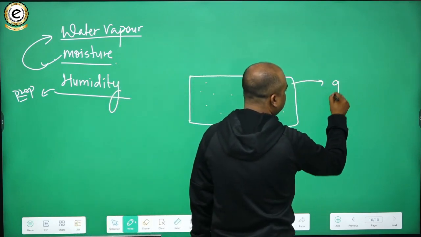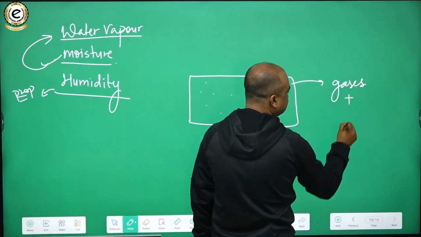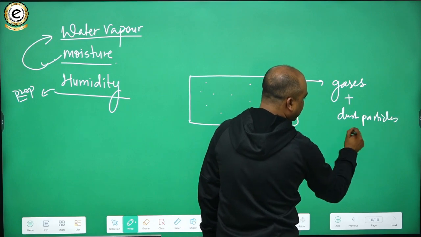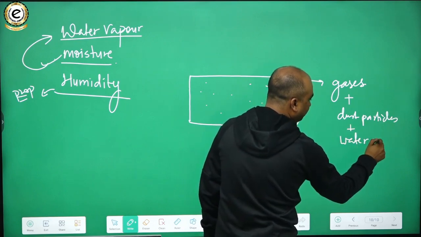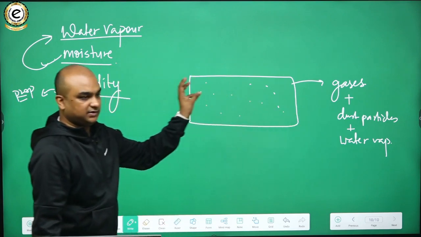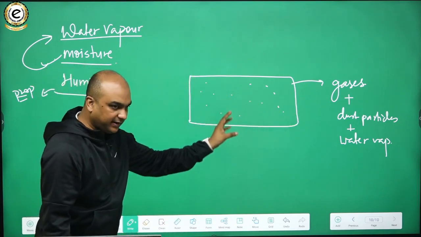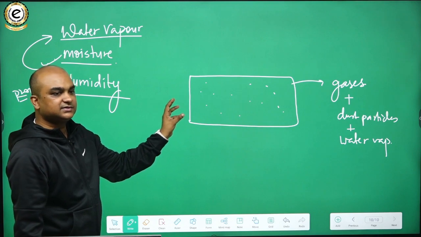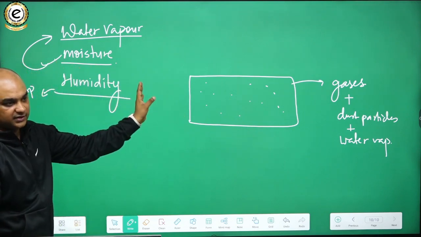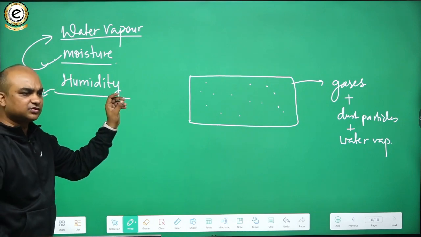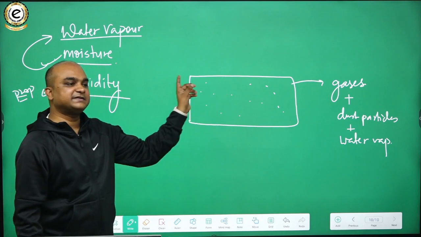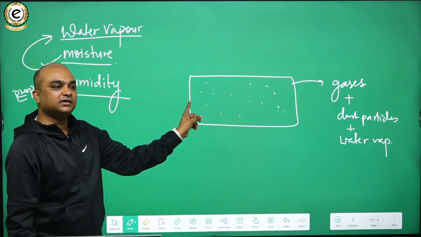It's a combination of gases, dust particles, and water vapor. You understand that? So the amount of water vapor present in an air parcel is the humidity. You understand that? Or the moisture in the air. मैं जनरली बोल रहा हूँ इसको, उसके कुछ टेक्निकल वेरिएशंस भी हैं, but ऐसे समझ कर देख लो. The amount of water vapor present in the air is known as humidity.